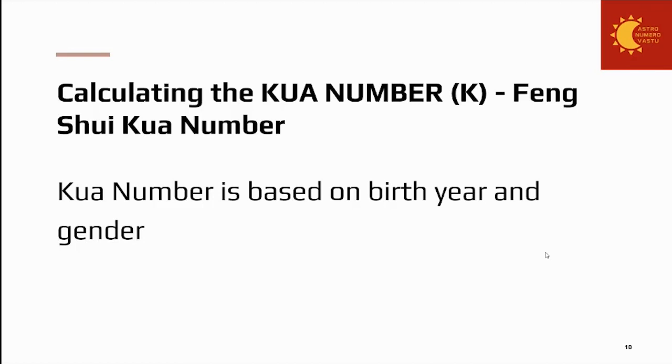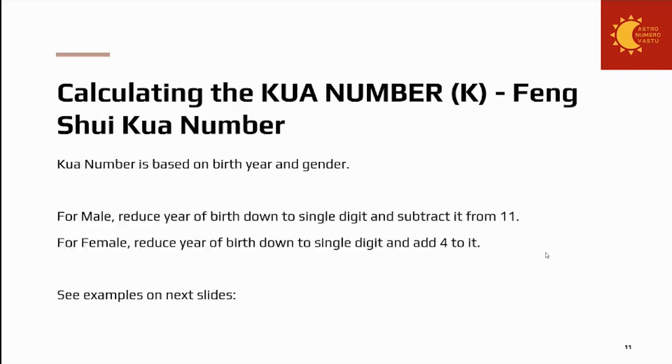So in numerology, we generate a numeroscope. For a numeroscope, we need the date of birth and we need the driver, conductor and KUA value. Driver and conductor we already learned how to calculate, and now we are learning the KUA number, which is based on birth year and gender. What is the formula? How do we calculate it?